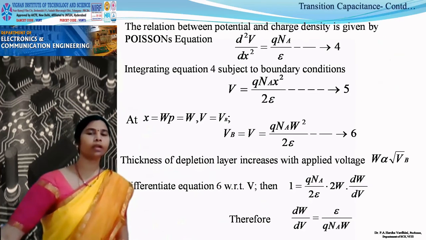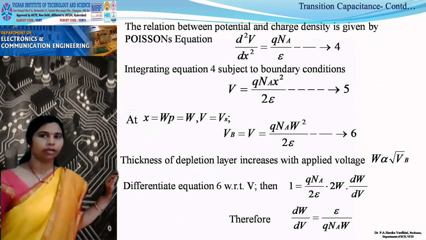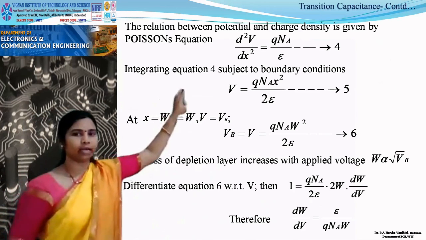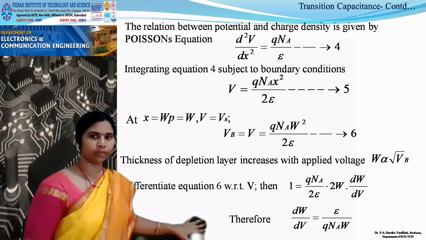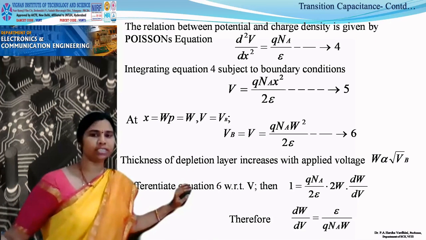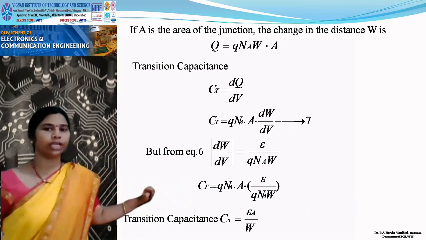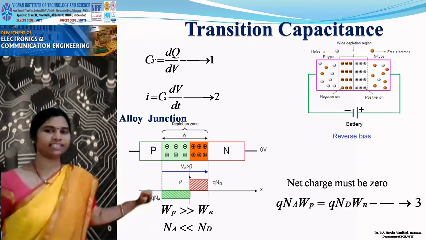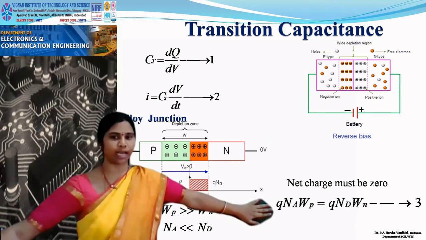So let us see that equation. I am taking Poisson's equation here so that I can get a particular value, which is derived as dW by dV. Rather than explaining this, let me show you first what is Ct, then you can understand. In the previous slide, I want the charge value.